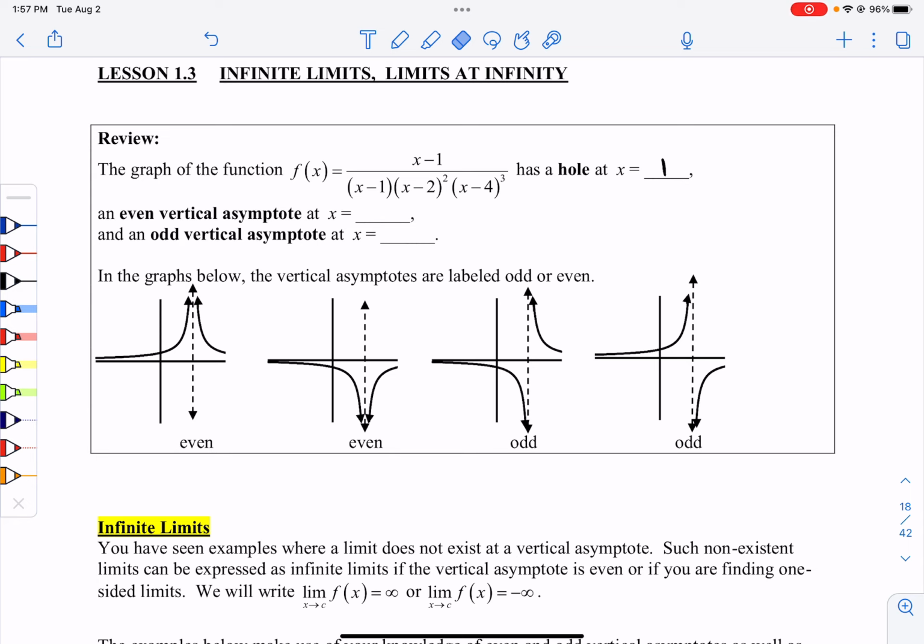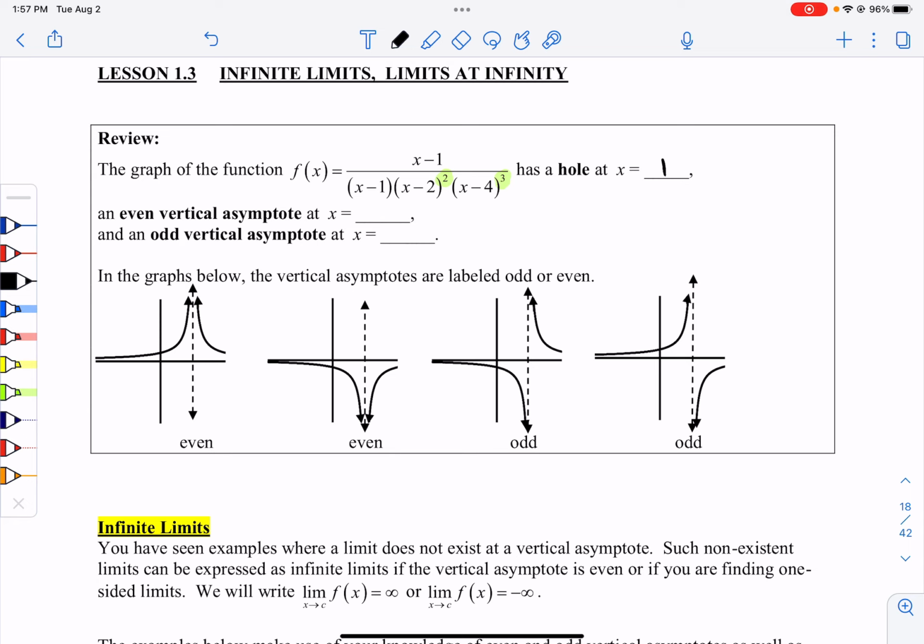Now vertical asymptotes. Remember, again, we're looking at what is going to make the bottom 0 but doesn't cancel out. And in this case, I have x minus 2 squared and x minus 4 cubed. Both of those make vertical asymptotes. The difference is in the 2 and the 3.